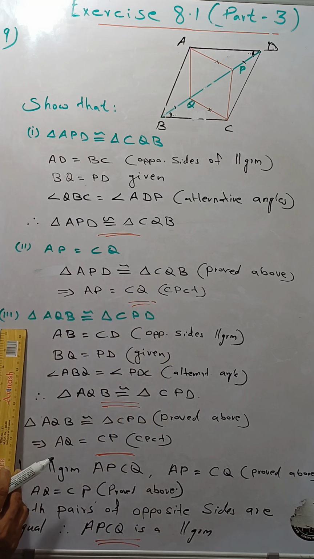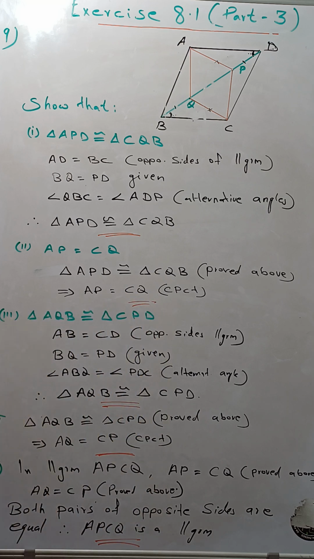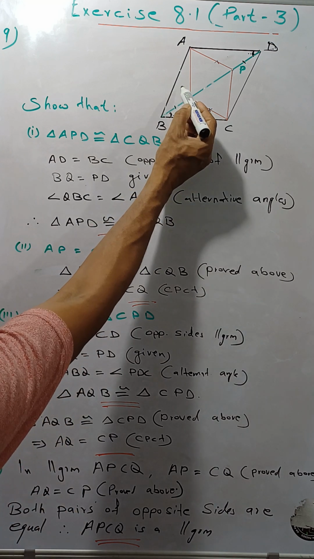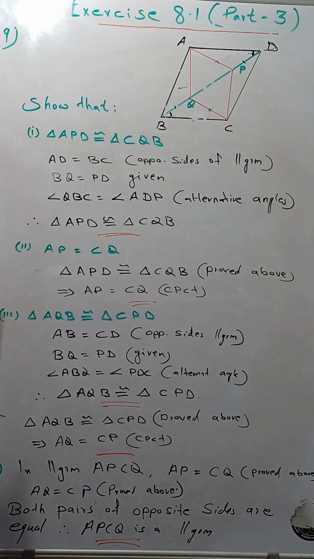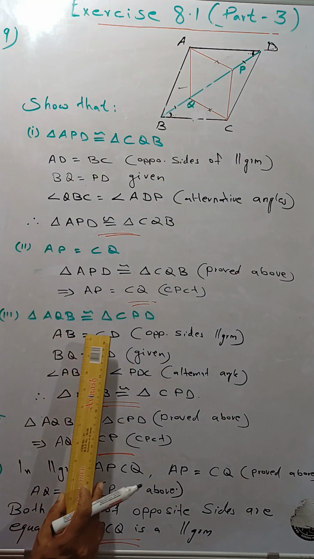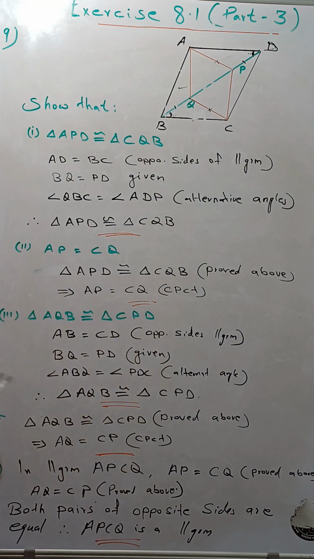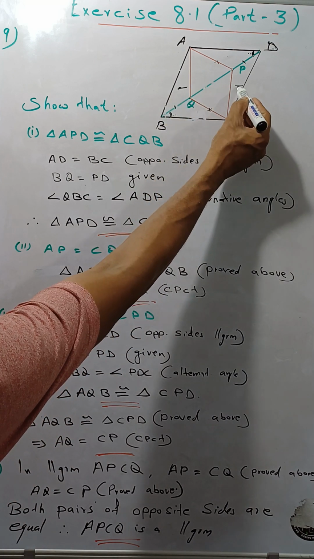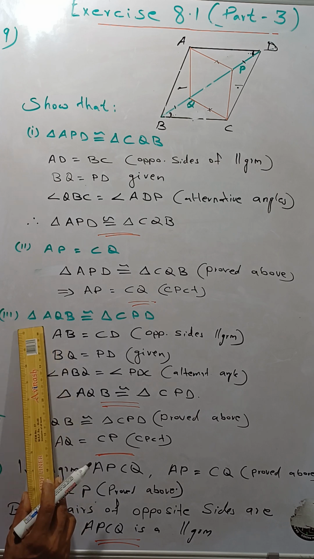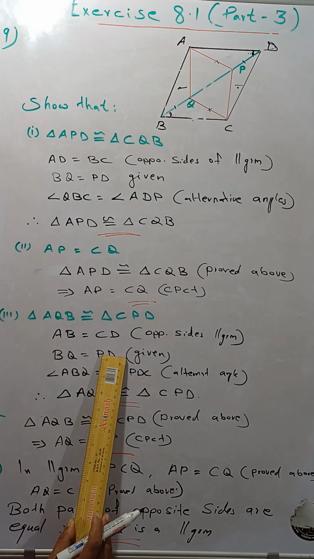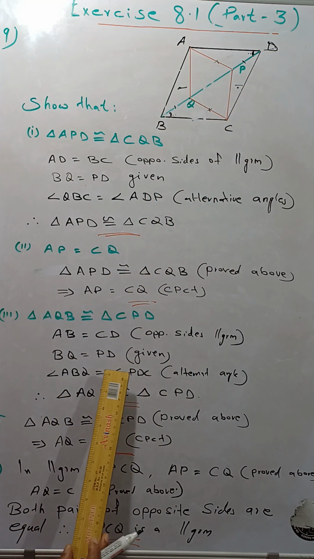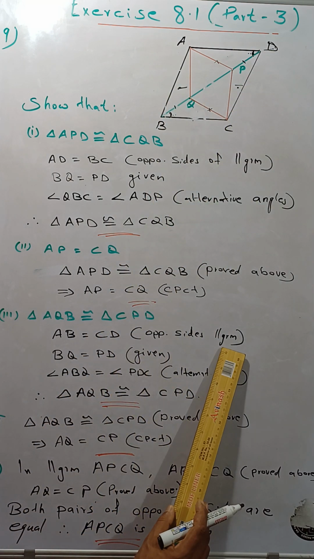Then the third part: prove that triangle AQB and triangle CPD, these two triangles, are congruent. AB is equal to CD. AB and CD are equal, being opposite sides of a parallelogram.